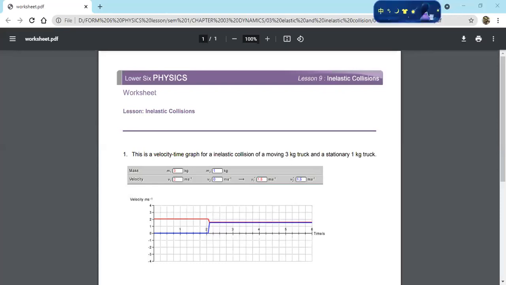Okay, let's go to the question for lesson 9, inelastic collision.